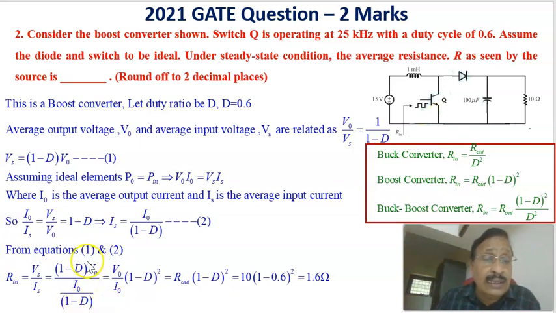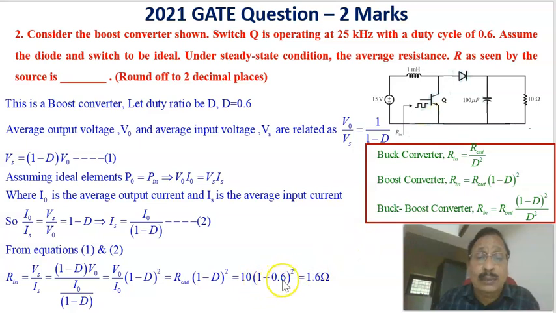Here one 1 minus d goes up, therefore 1 minus d whole square into V0 by I0. V0 by I0 is the output resistance R out, so the input resistance equals R out into 1 minus d whole square, where R out is equal to 10 ohms and d is given by 0.6.